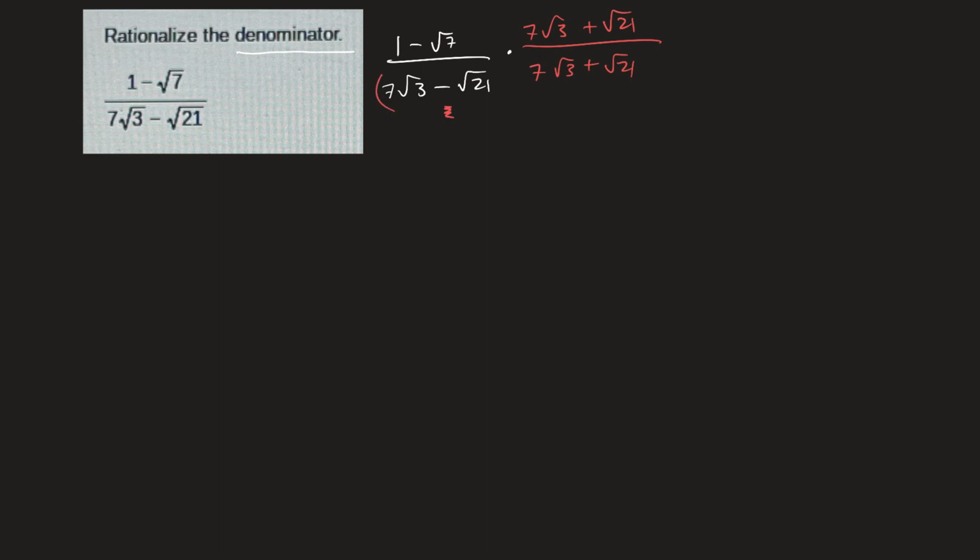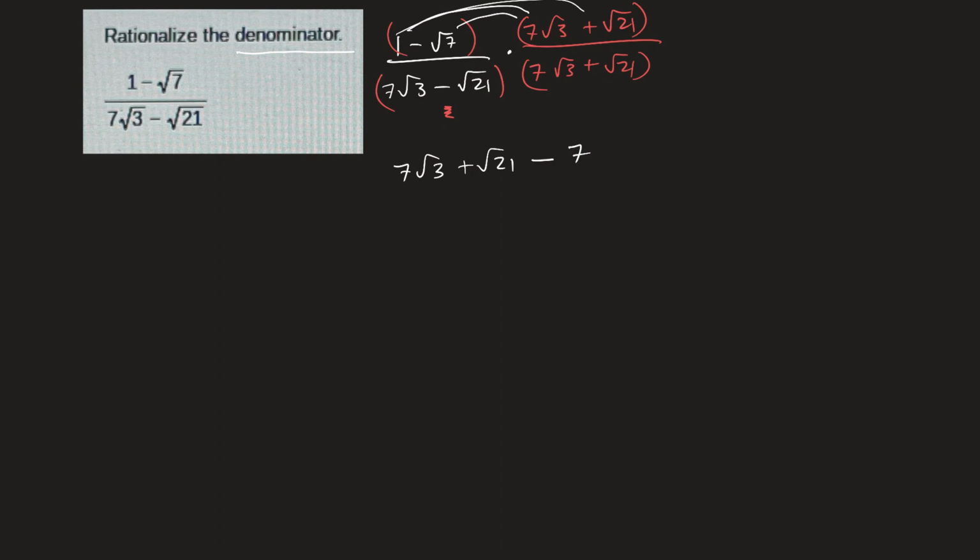Okay, so now I've got a bunch of foiling that I have to do. Let's start with the top one. So it'll be 1 times 7 root 3 is 7 root 3. And 1 times root 21 is a positive root 21. And then negative root 7 times 7 root 3 would be a negative 7 out front, that's not in a radical.